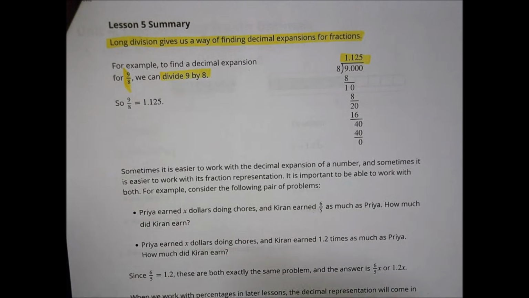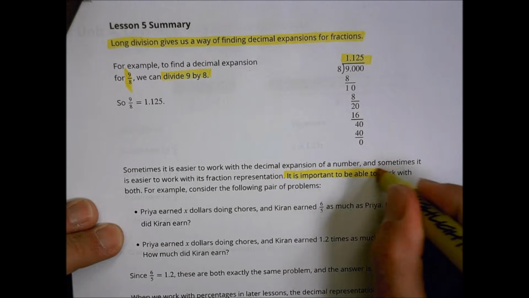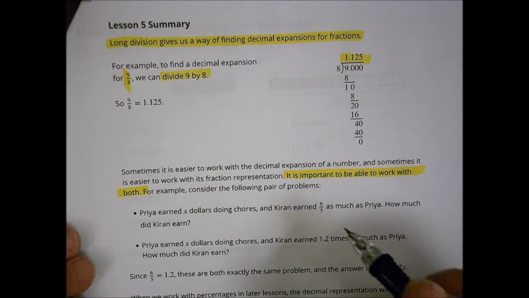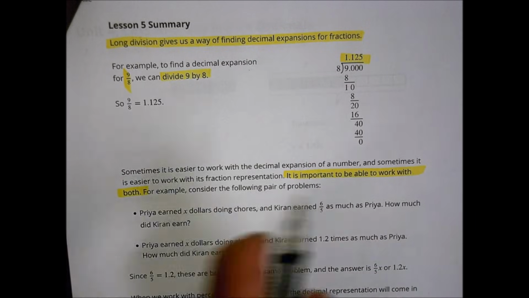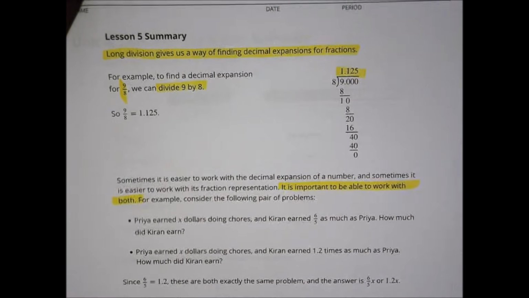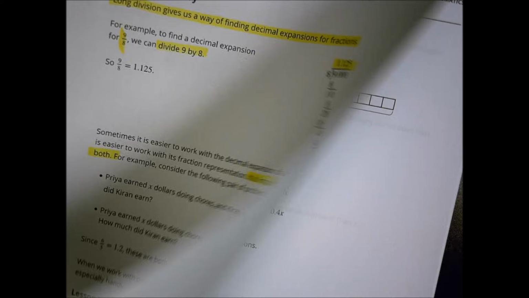The key thing here, it is important to be able to work with both. Your problems today and ongoing are sometimes going to use fractions, and sometimes they're going to use decimals. And sometimes one is easier than the other. If you know how to work with both, you can figure that out. All right, let's take a look at your homework here before we wrap up today's activity.